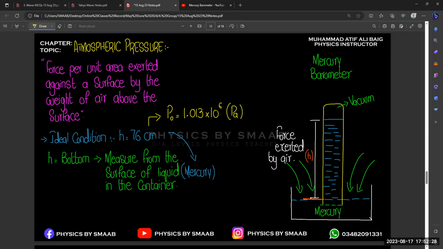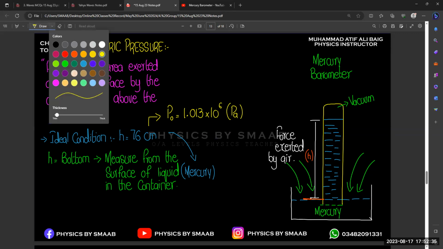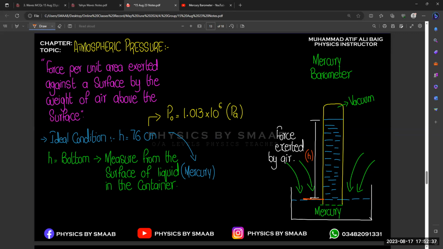So this is the value of atmospheric pressure in ideal condition or at sea level, we can say that. I will also write sea level, because sometimes they ask with the reference of sea level. Sea level means the atmosphere in which we are living and we are performing the experiment.